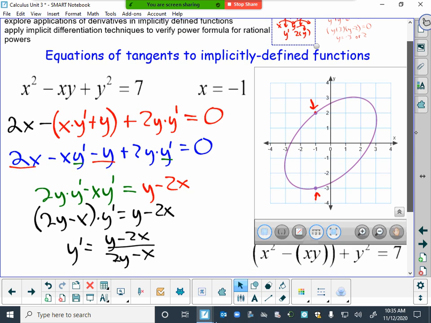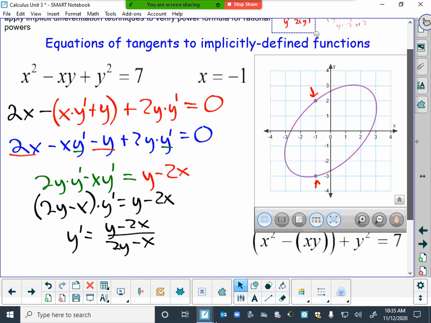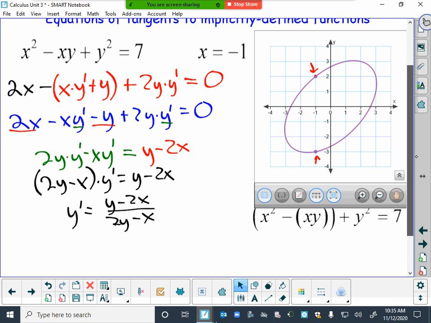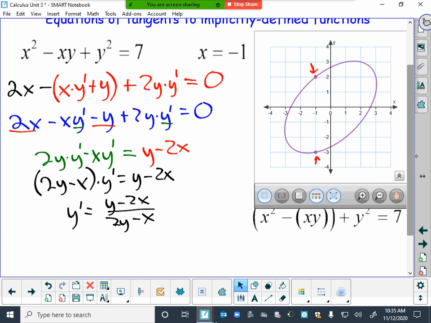If I wanted the tangent lines, I can get two of them here. I know one goes through the point -1 comma 2. One goes through the point -1 comma -3. And so for the slope, I should change colors on this. I'll make this one blue so we can keep track of what we're doing.